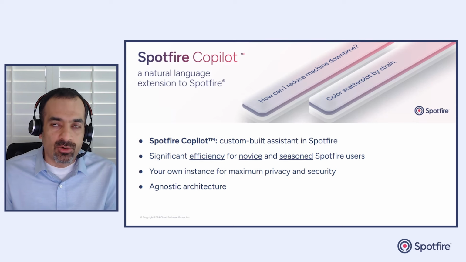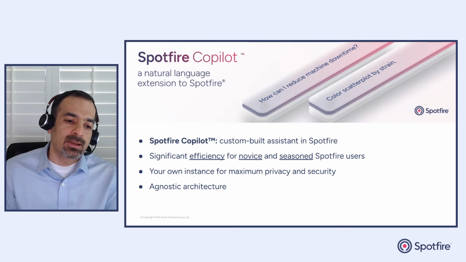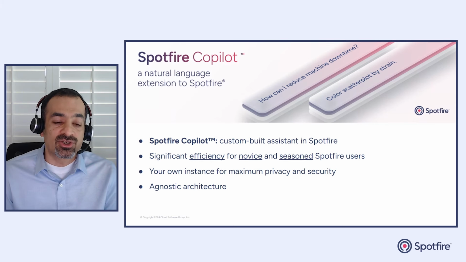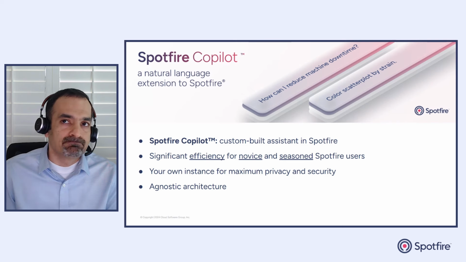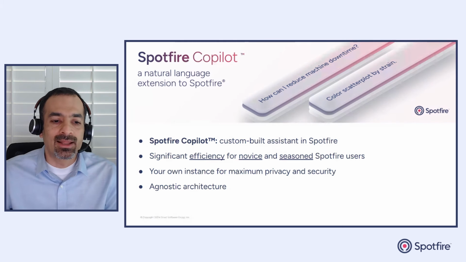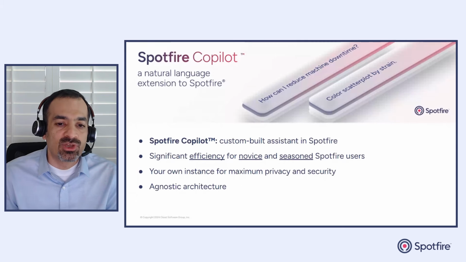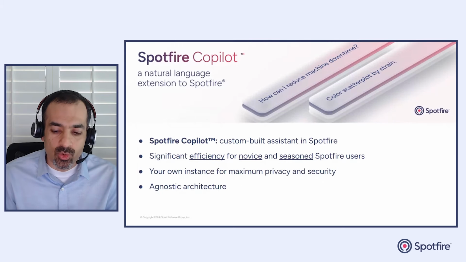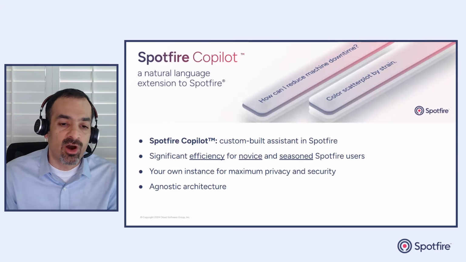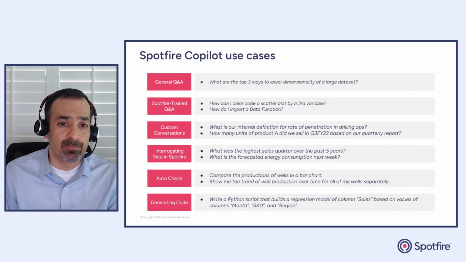Along the same lines of thinking, the architecture is agnostic. It's not tied to one large language model, or LLM, or another. That's again to cater to various needs or regulatory requirements across the industry.